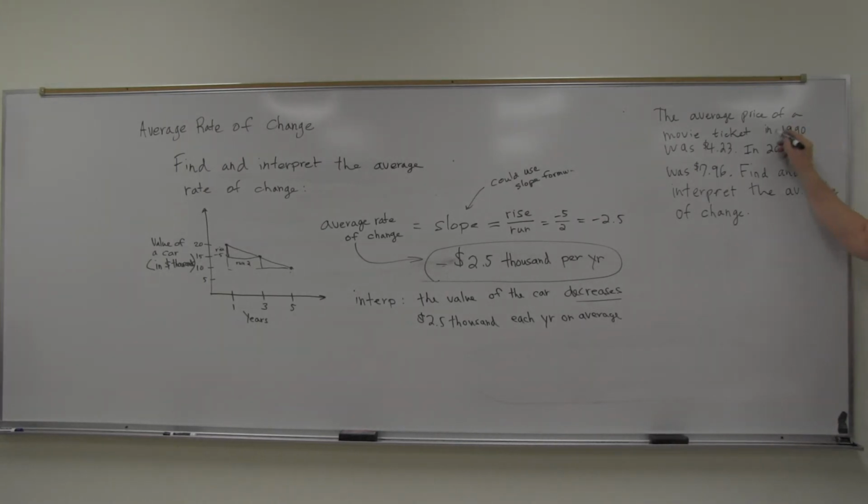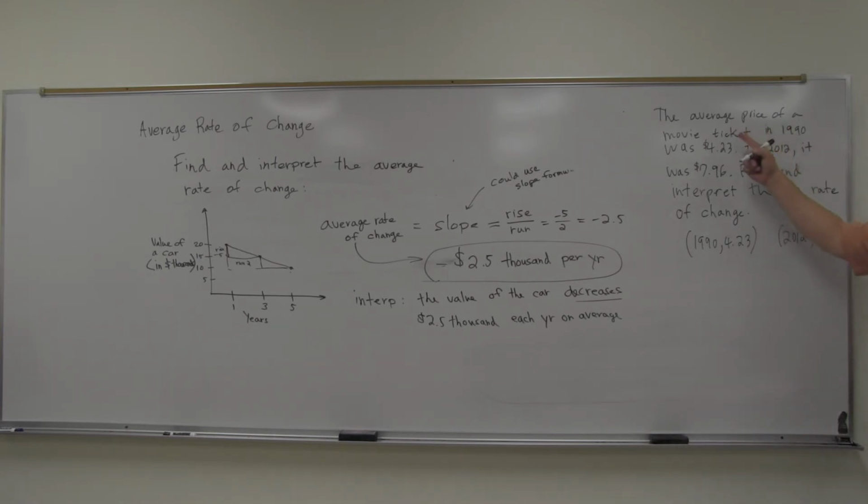I've got 1990, $4.23, and then 2012, comma, the Y would be 7.96. So unless we want to graph it, the way to go here would be the formula.